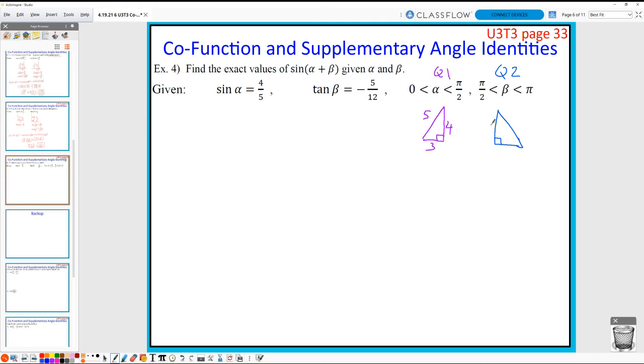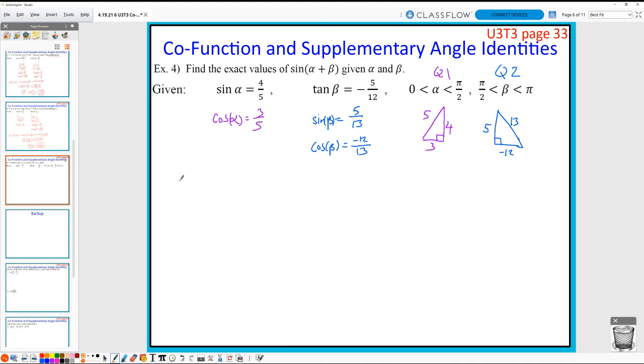Tan y is going to be positive. X is negative. 13 as a hypotenuse. So I already have sine alpha, so cosine alpha is equal to 3/5. For beta, sine of beta is equal to 5/13. Cosine beta is negative 12 over 13.